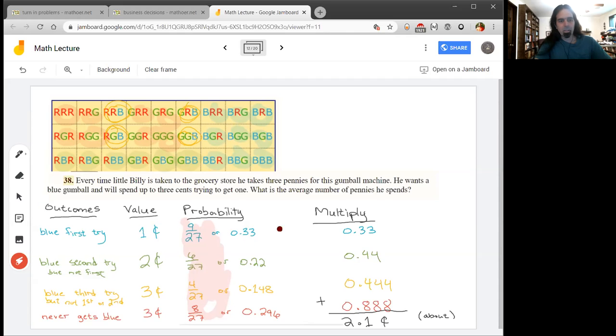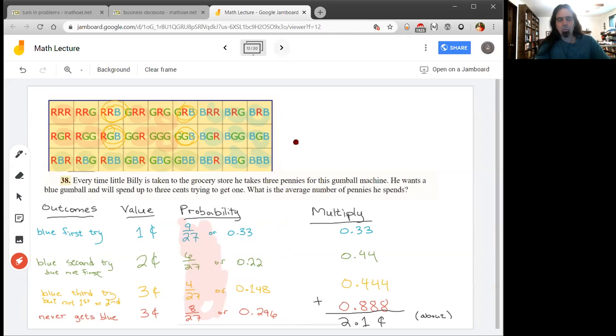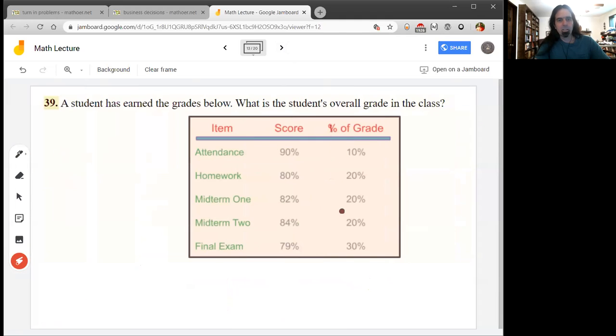We didn't want to write this as 33%, or we didn't want to write that as 22%. Does that make sense? So we're going to do the same thing. The one that's the probability, the weights, the things that kind of add up to 100, those are the ones we're going to instead change to be decimals.